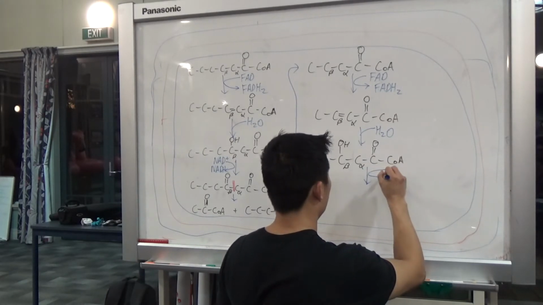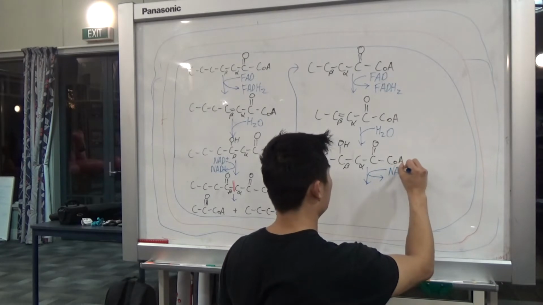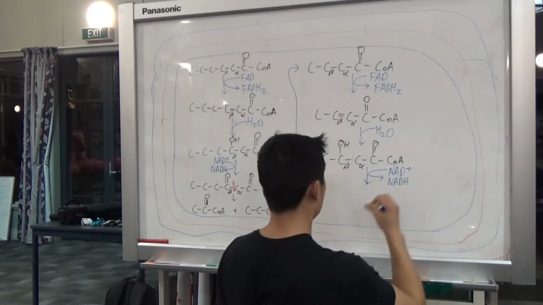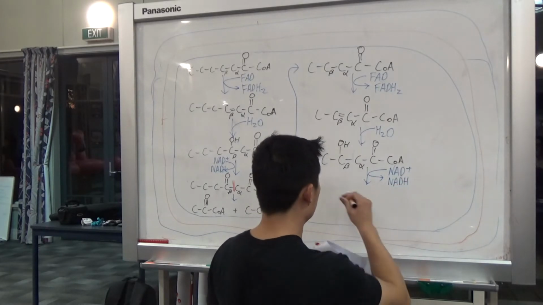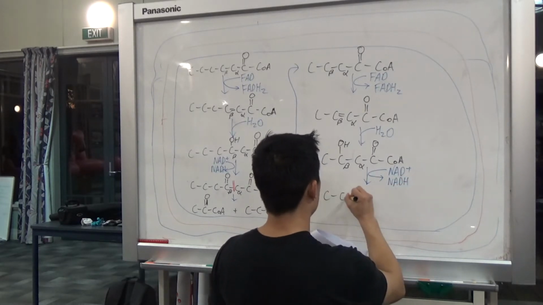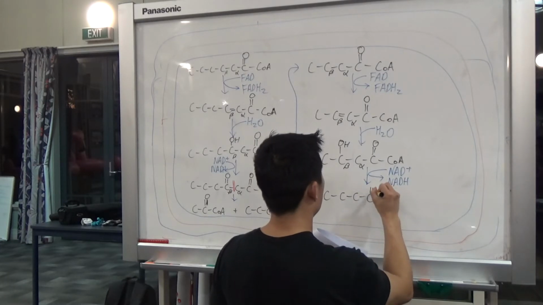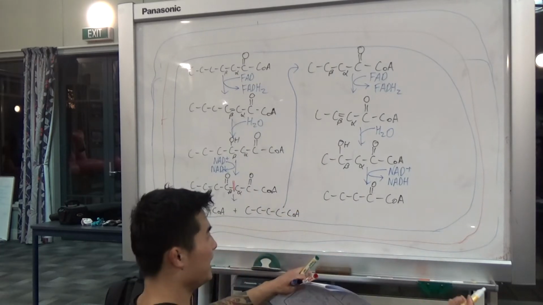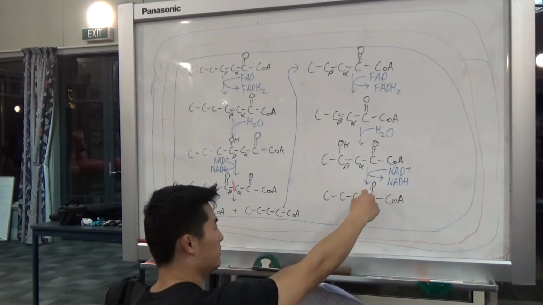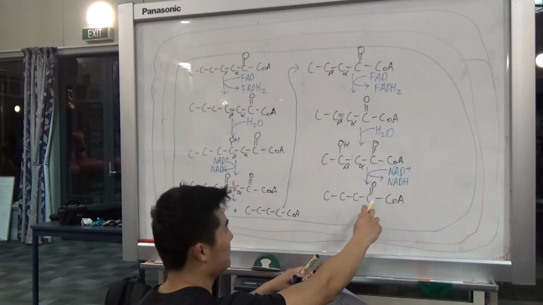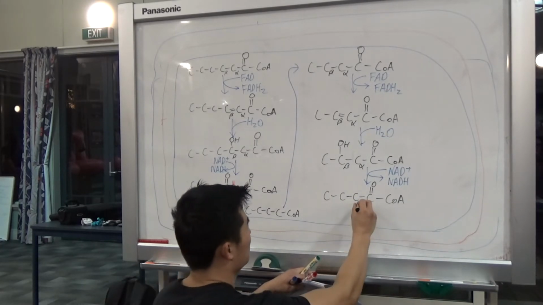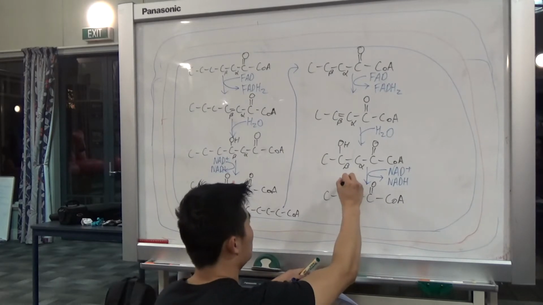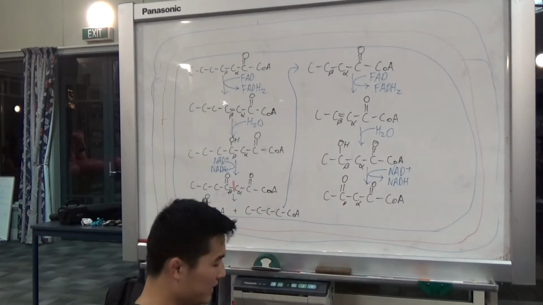So this time it's going to get oxidized by NAD+. So 4 carbons and a coenzyme A. We've got a double bonded oxygen on the first carbon, a double bonded oxygen on the beta carbon. Okay, and now it's ready to be split again.